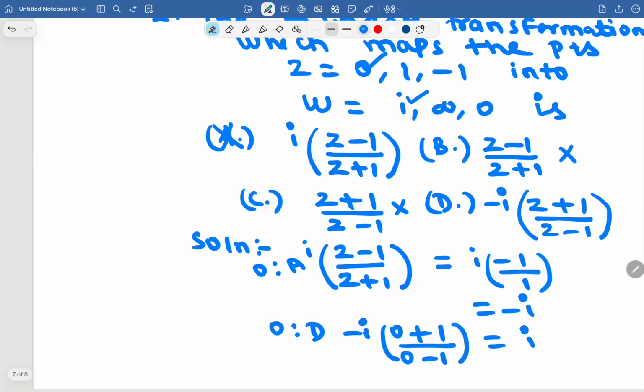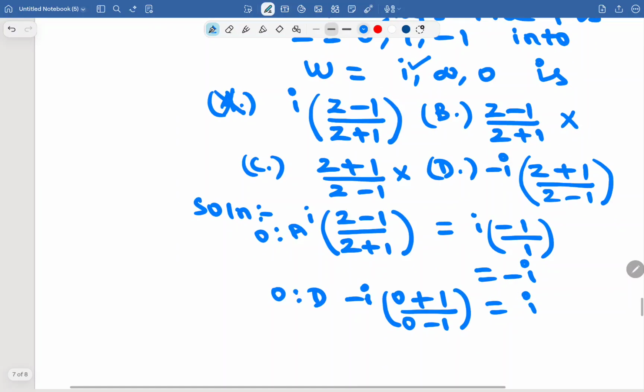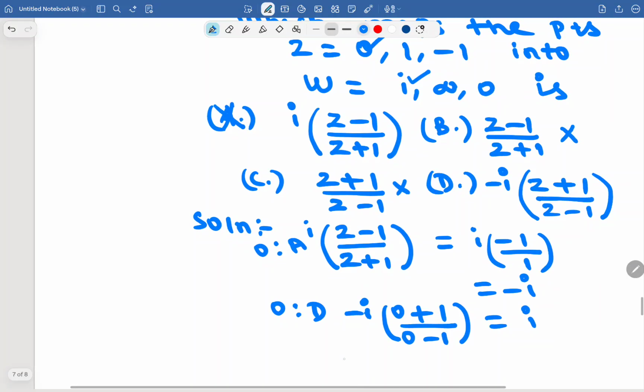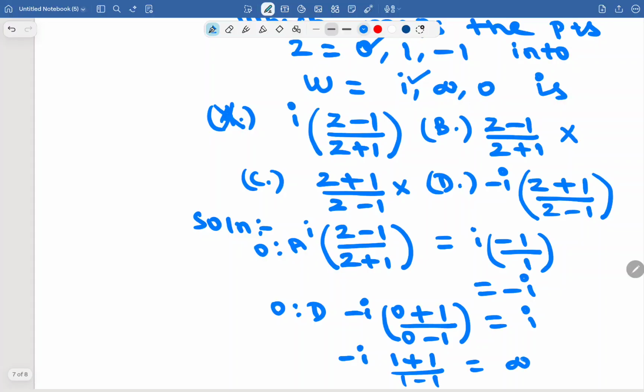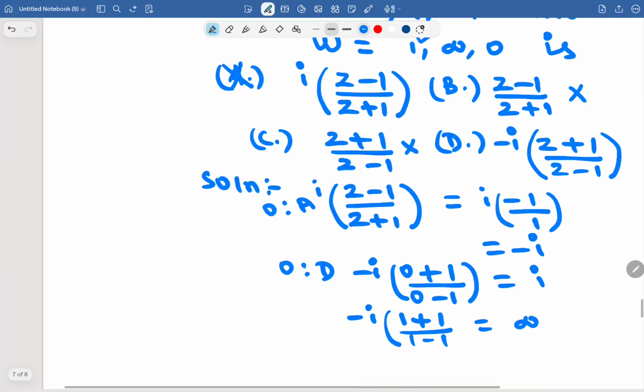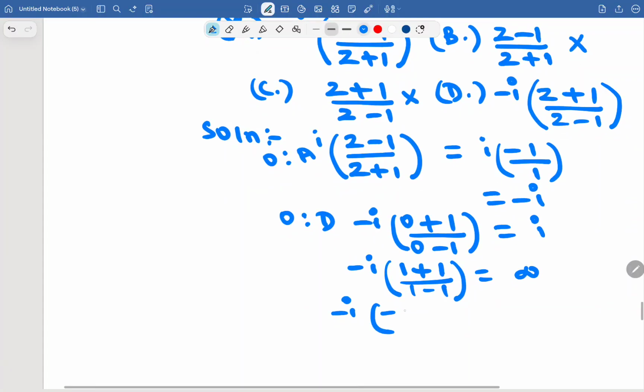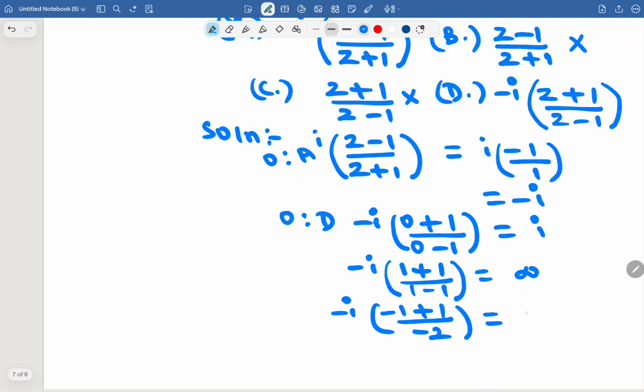Answer is plus I. Similarly, I am substituting z equal to 1, minus I 1 plus 1 by 1 minus 1. It is infinity because denominator is 0. Last point, minus 1. Minus 1 plus 1 by minus 2. Here numerator is 0.